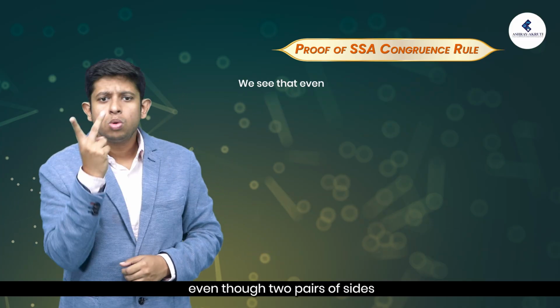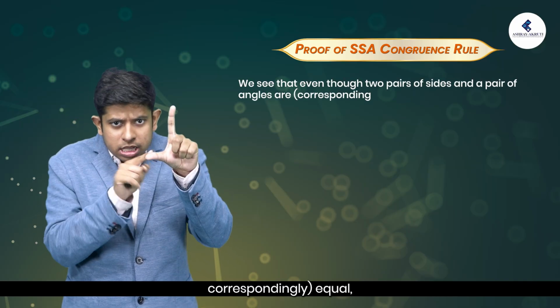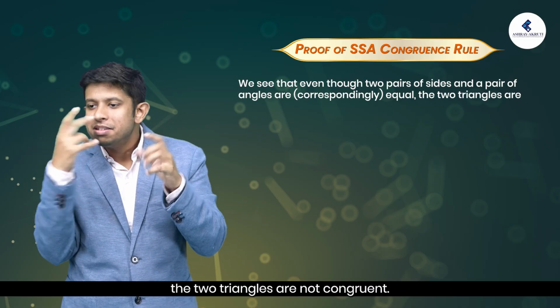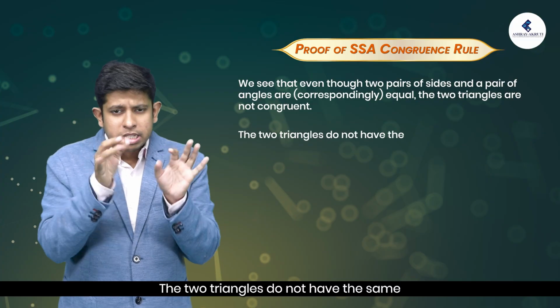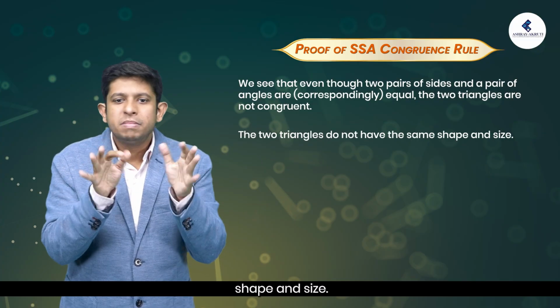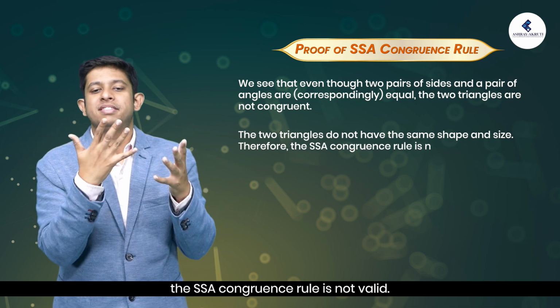We see that even though two pairs of sides and a pair of angles are correspondingly equal, the two triangles are not congruent. The two triangles do not have the same shape and size. Therefore, the side-side angle congruence rule is not valid.